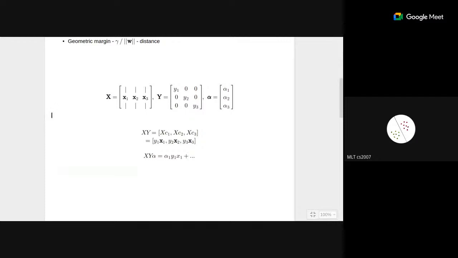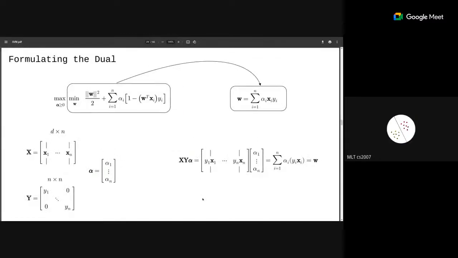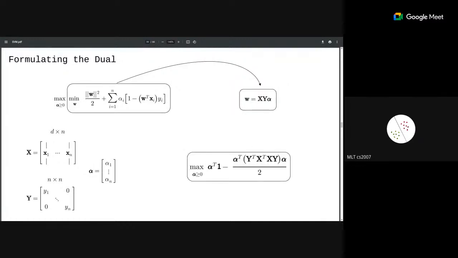You get X Y alpha. Is this marginally better than before? Now, if you plug this back into the Lagrangian, you will get this. I'm not doing this now because that will take us away from what we are trying to do, but if you want, we can do it later.